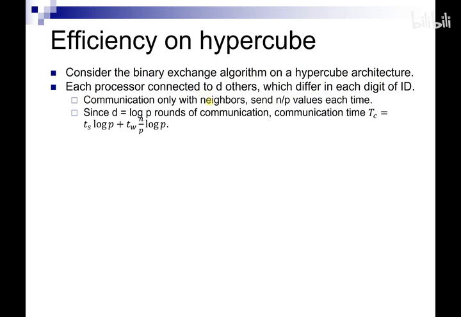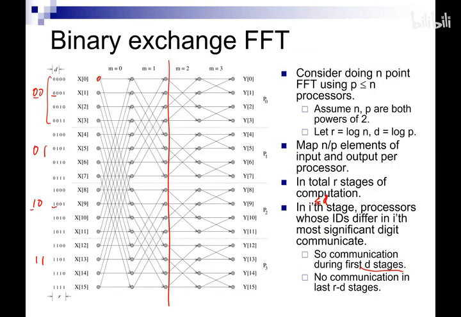So in general, we have d stages of communication in the algorithm, and for each stage of communication, you only need to communicate with a neighbor. When you communicate with that neighbor, you need to send n divided by p values. For example, the first processor is responsible for all 4 of these values, and he's going to send all 4 of these values over to this guy.